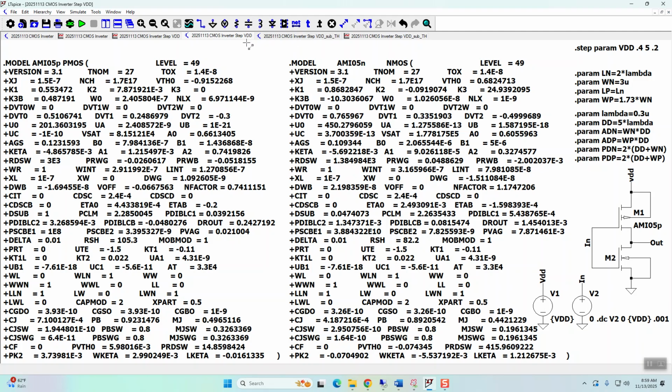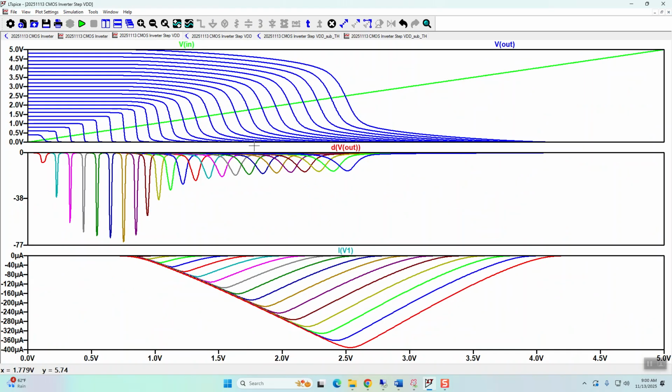So let's come back. And you can see this green line is where it's a slope of 1, V out equals V in. And that's the switching threshold, and you can see that. But yeah, looking at it, it looks like it's crossing -1.